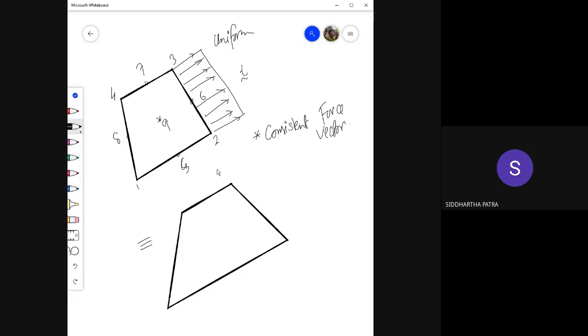Before going there, can you tell me, we know that any given traction through this integration N transpose t d gamma over gamma t would eventually become a force vector, right?